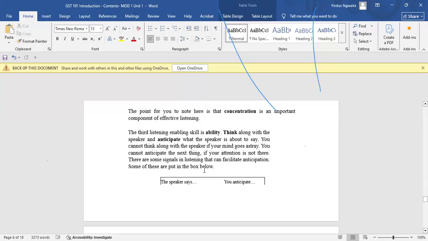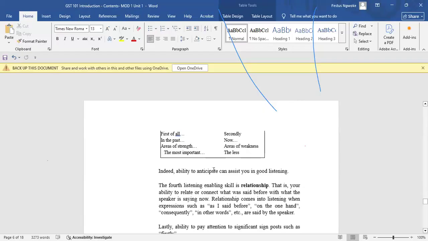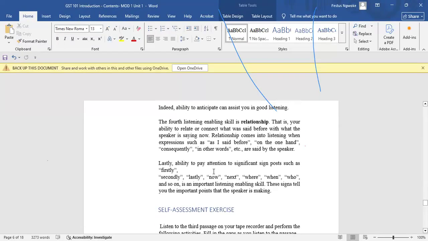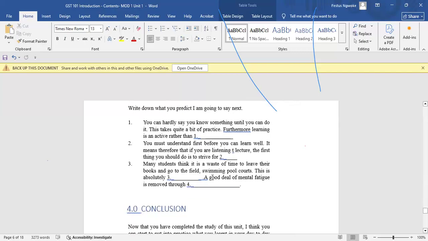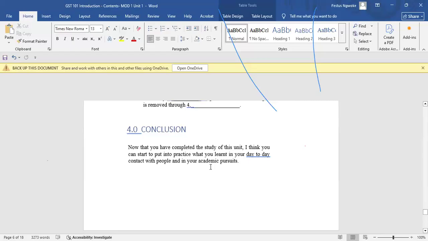You'll be able to anticipate what he's saying. You'll be able to get to what we call the signposts, and so on and so forth. So this is virtually what we want to look at in the case of listening, which is the course embedded in the course we are taking now.